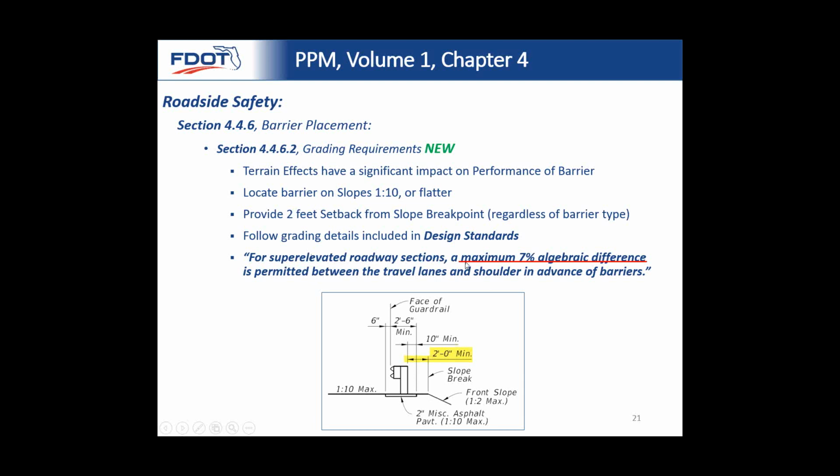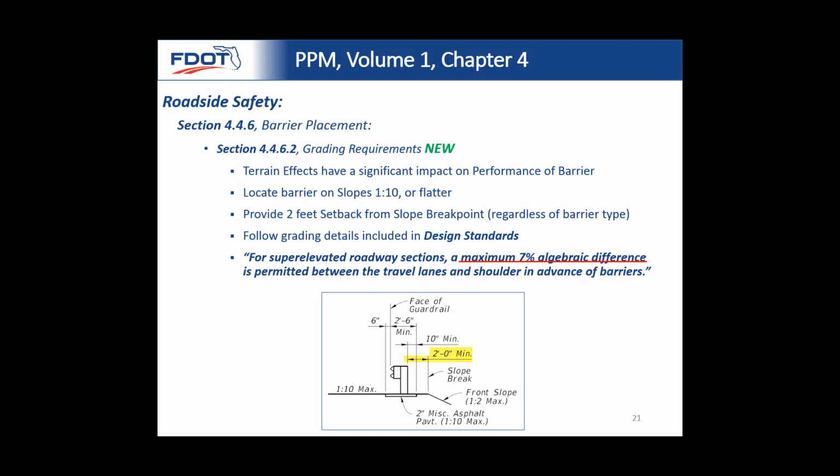One thing I want to add is that we've included this criteria for allowable algebraic differences in advance of a barrier. Essentially, anytime you have a transition in slope from the roadway traffic lanes to a shoulder, we want to make sure that that algebraic difference doesn't exceed 7%.